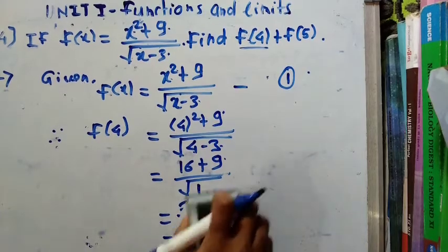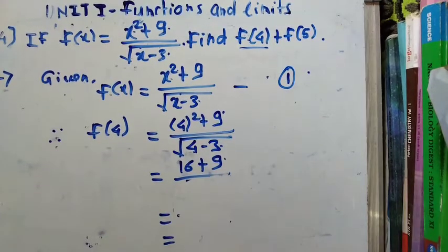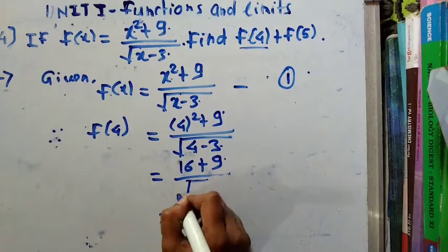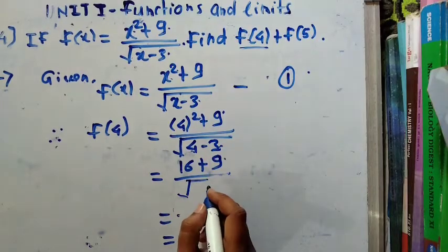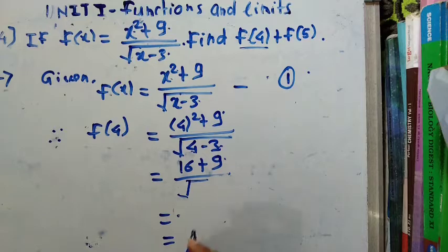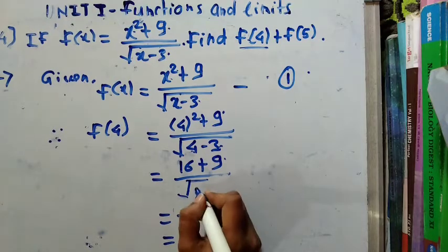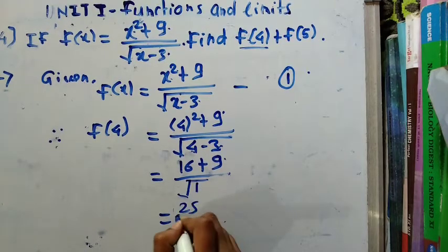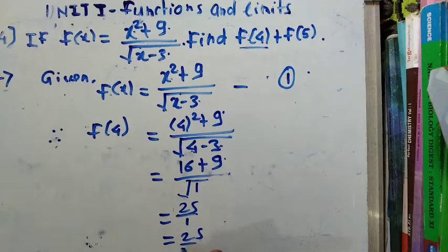Here 4 minus 3 is 1, so 25 divided by 1 is 25. So f of 4 is 25.